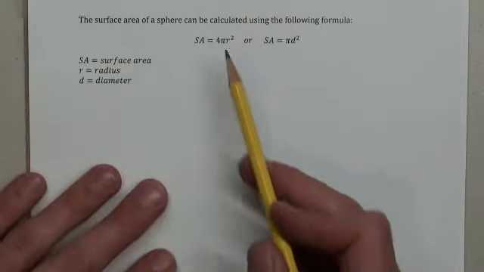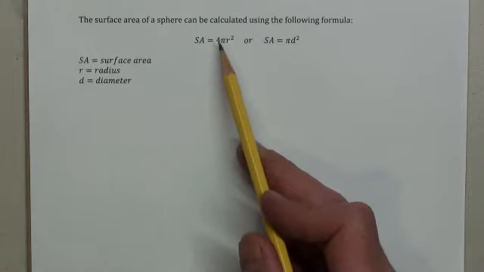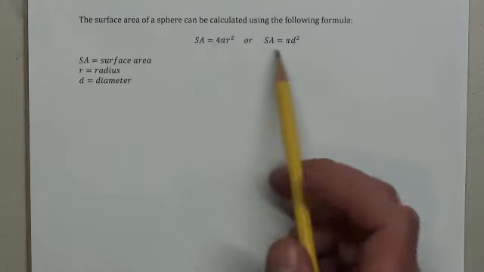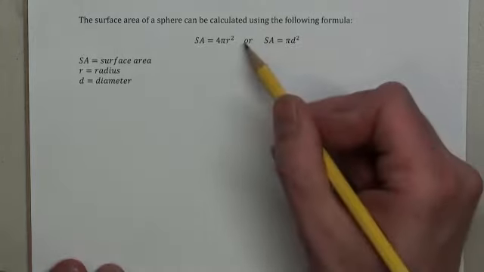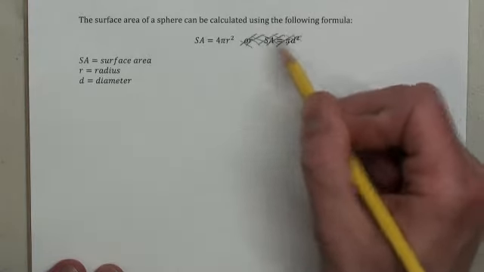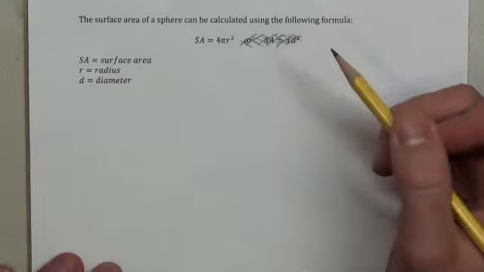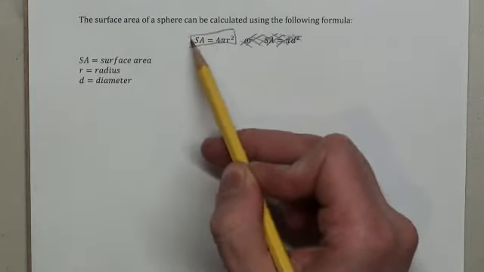In this problem, again, all we care about is the r, and this time it's squared. And instead of 4/3, it's just 4. Or if you're given the diameter, you can also use pi d squared, but let's not even use that one because we could always just turn the diameter into a radius. So why remember two formulas when you can just remember one?